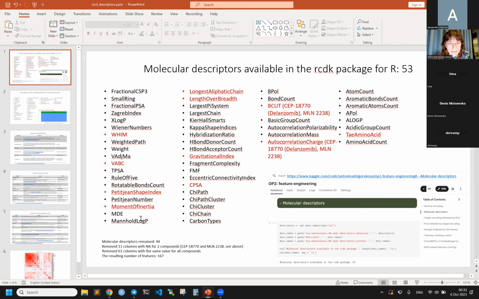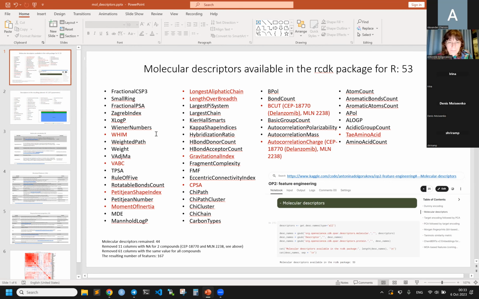Each descriptor represents some kind of information about the drug, maybe structural, physical, chemical, or anything else related to the chemical structure of this compound. And each descriptor has several parameters also, so it's much more data than 53 features.